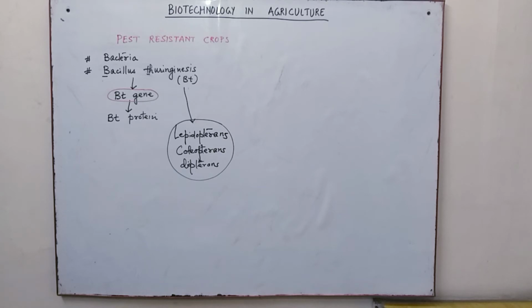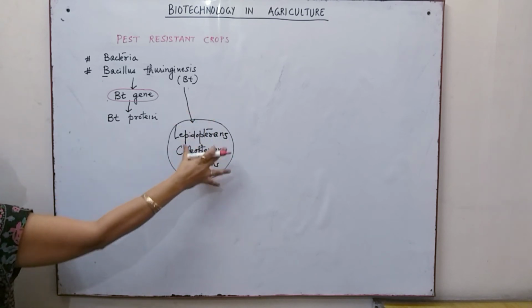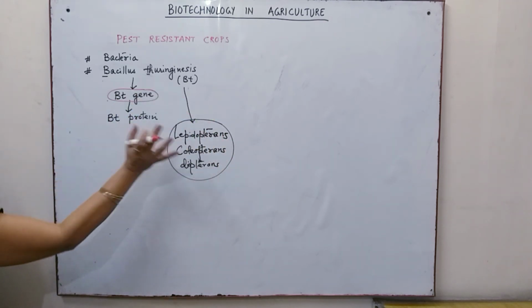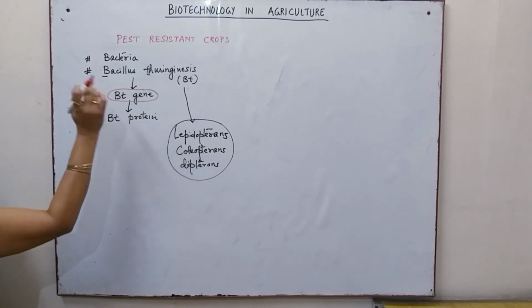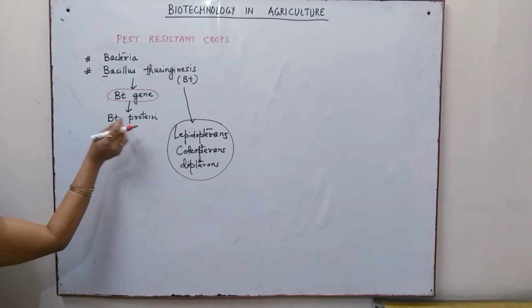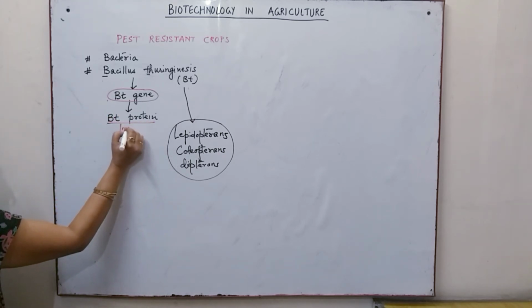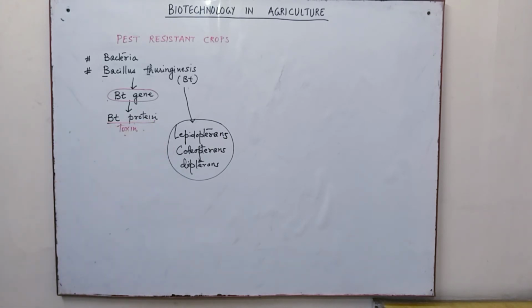Now, the Bt gene is a toxic gene. These are the species of insects on which it is effective. That means it destroys these or provides immunity against these to the plants. When we talk of this protein, it is a toxin. We call it Bt toxin protein.